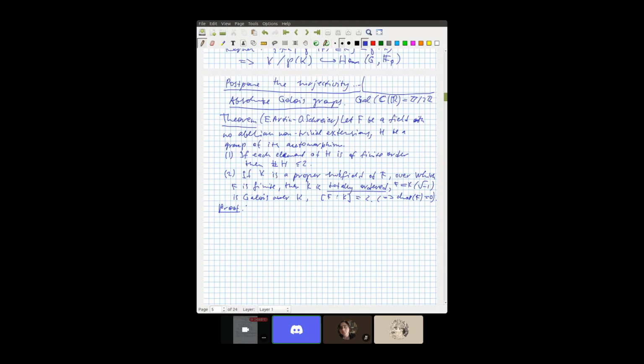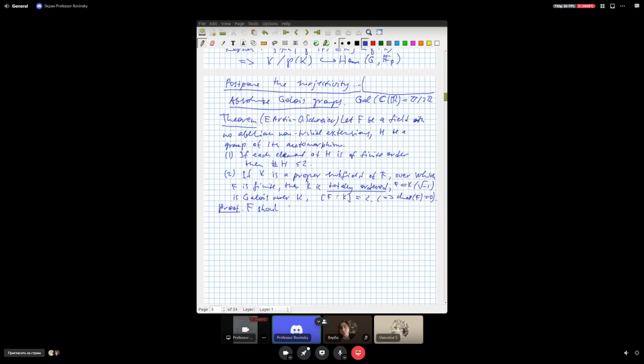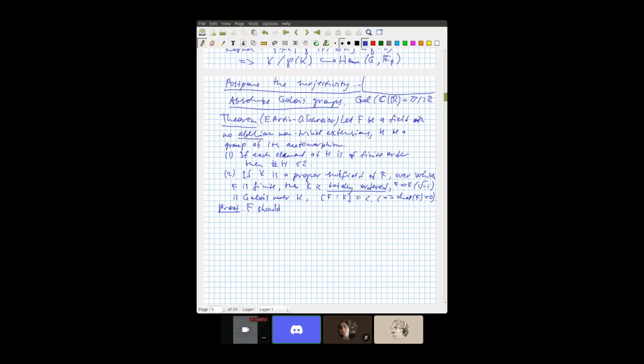So first of all, F should contain all roots of unity, as we discussed, because if we add a root of unity, then it will give you a non-trivial abelian extension, but we assume that there are no such abelian extensions, so it should contain all roots of unity.